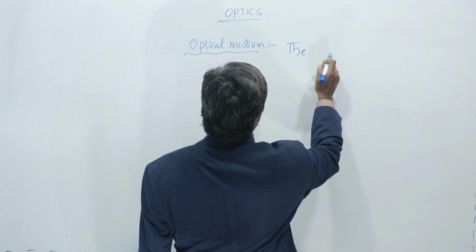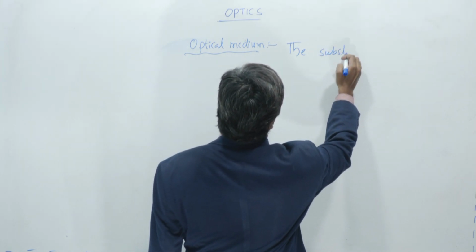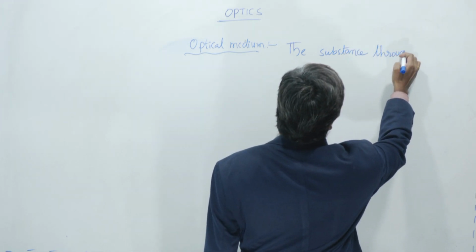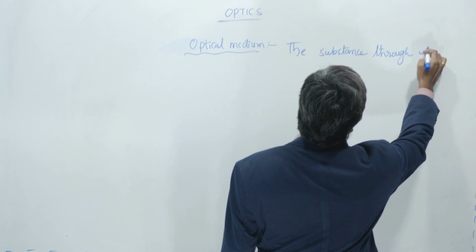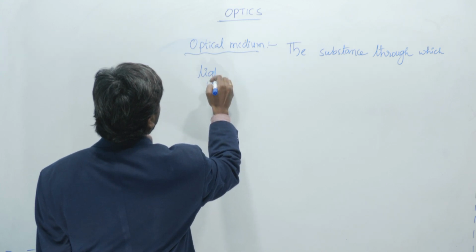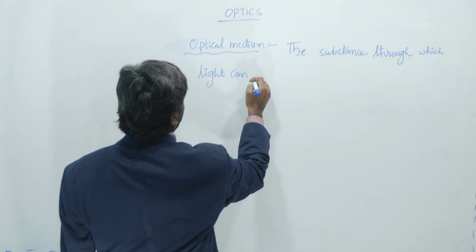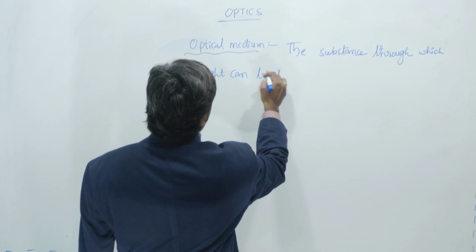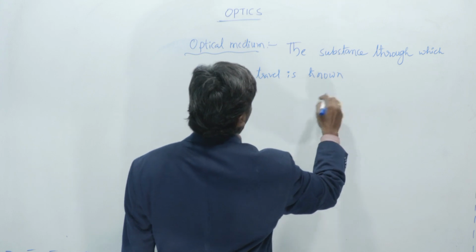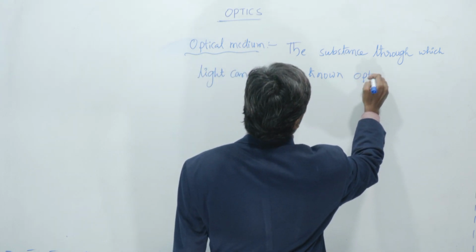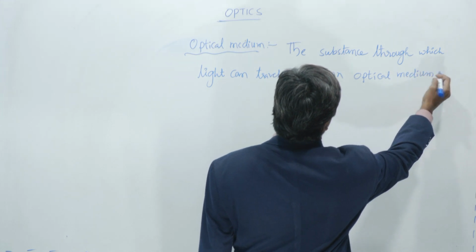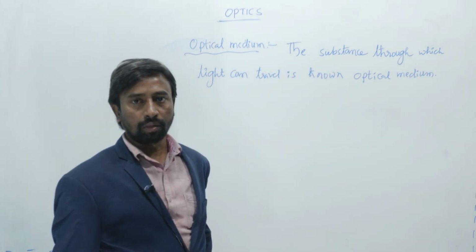The substance through which light can travel is known as optical medium.